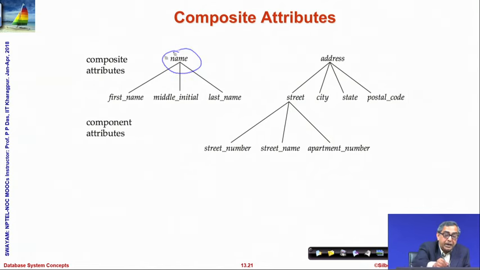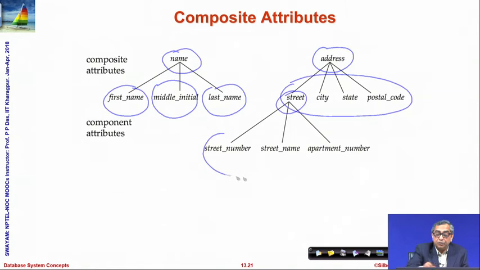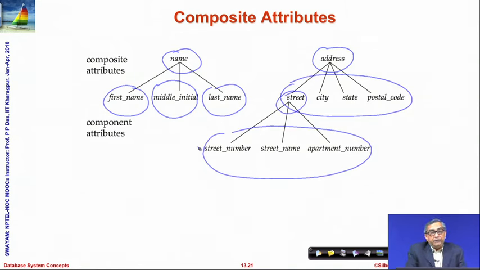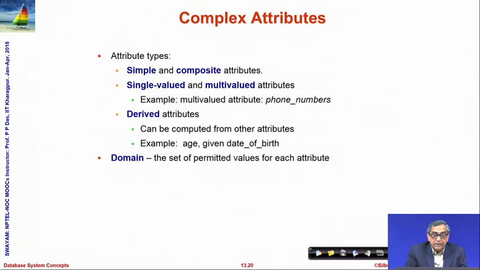Name is an attribute which has different parts: a first name, middle name, last name. If I think of address, it has many different parts, and then street itself has many different parts. So, whenever an attribute comprises more components and is not a simple value, it is called a composite attribute. We will see how to handle them.